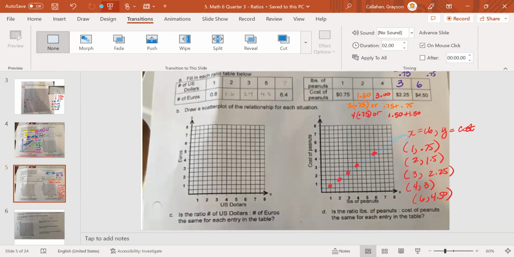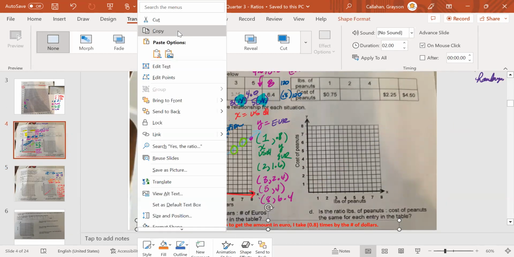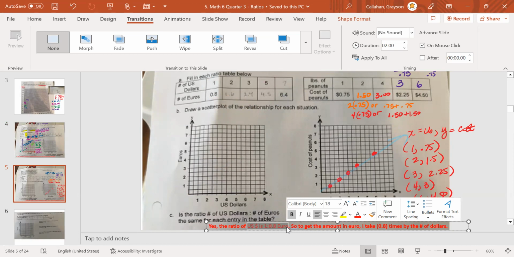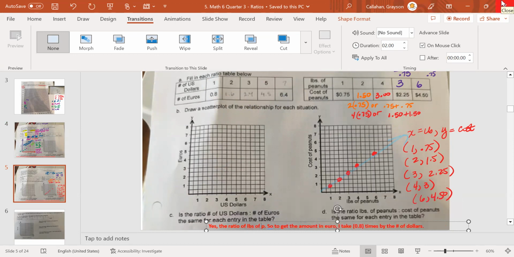Is the ratio of pounds of peanuts to the cost of peanuts the same for every entry in the table? Well, that's the same answer as the last one. And your answer is yes, the ratio of pounds of peanuts to cost is 1 to 0.75, which is the cost of each pound, right?